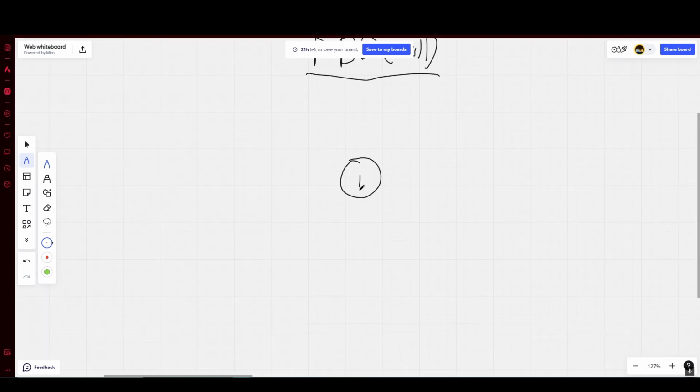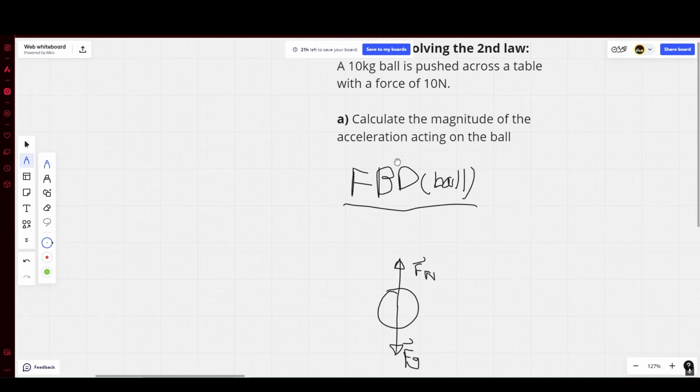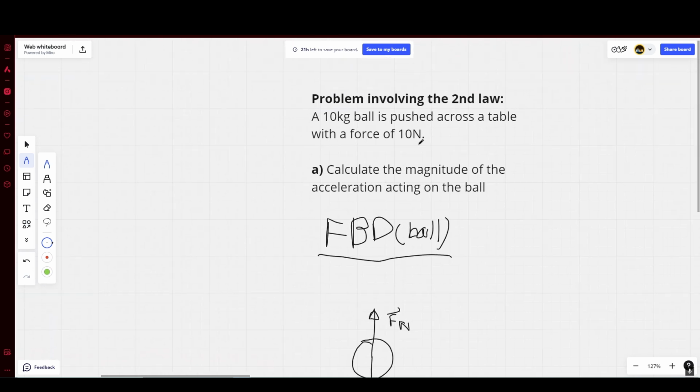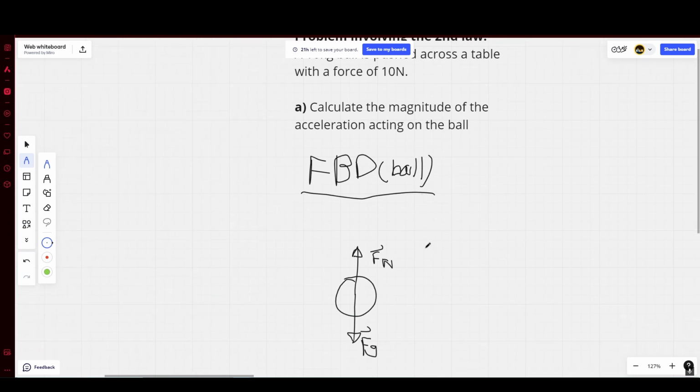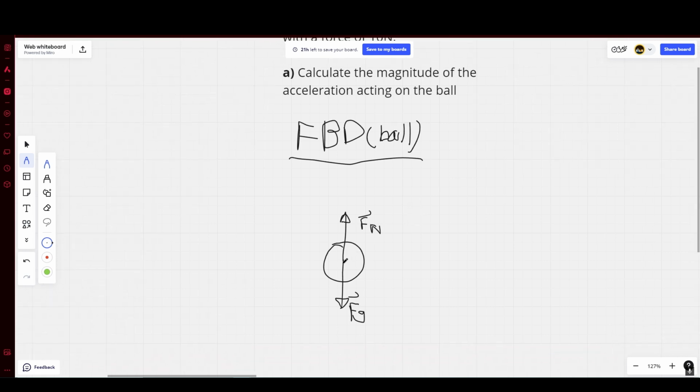Alright, so first, the force of gravity. Remember, it's a vector. And then the normal force, which is also a vector. And then it says that it was pushed across the table with a force of 10 newtons. Now, it doesn't matter if it was pushed left or right, but for simplicity's sake, I'm just going to say it was pushed right.